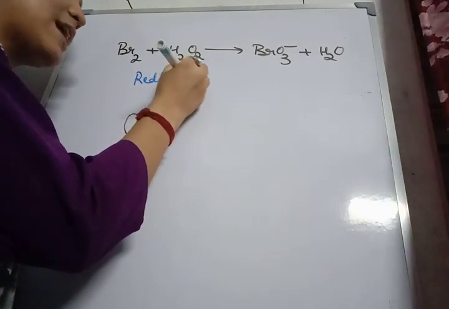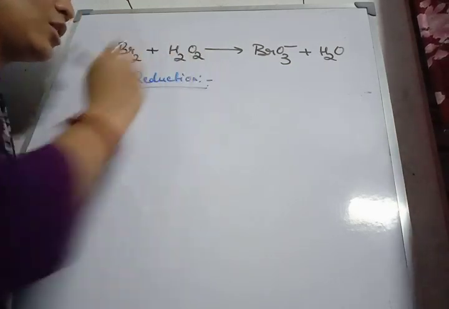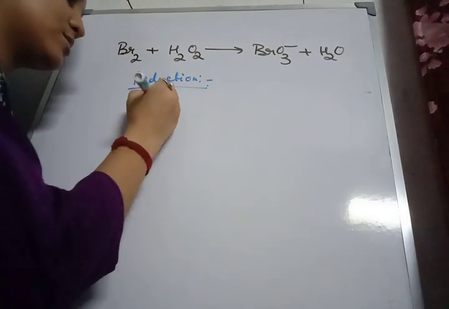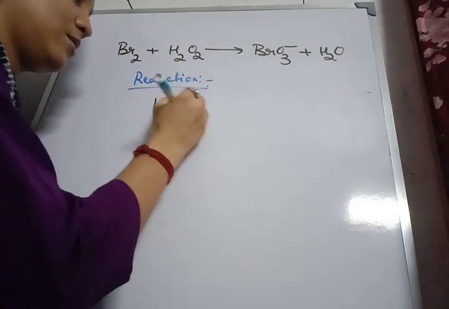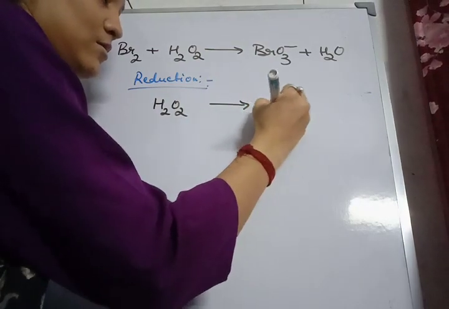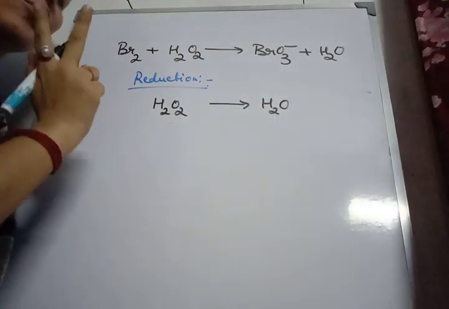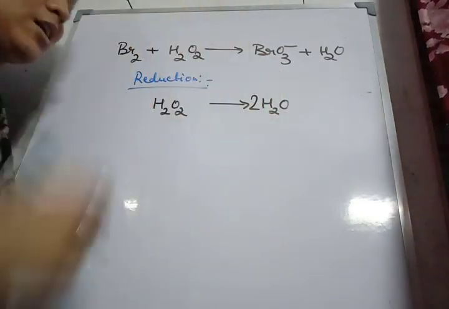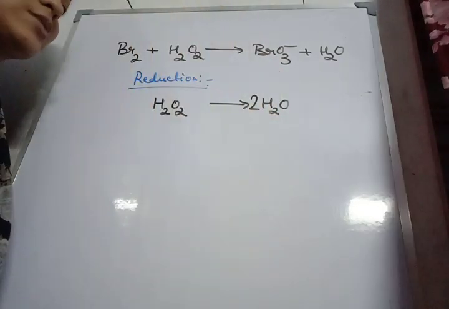Now oxygen atom undergoes reduction from -1 state to -2 oxidation state. Now as on the left hand side I have 2 oxygen atoms, so on the right hand side I have to multiply water by 2. Now we are going to calculate the oxidation states.